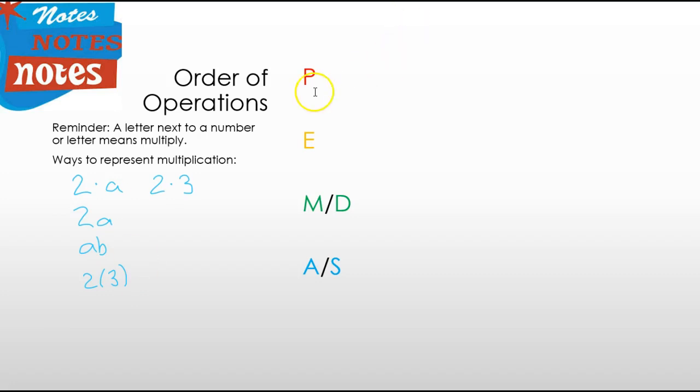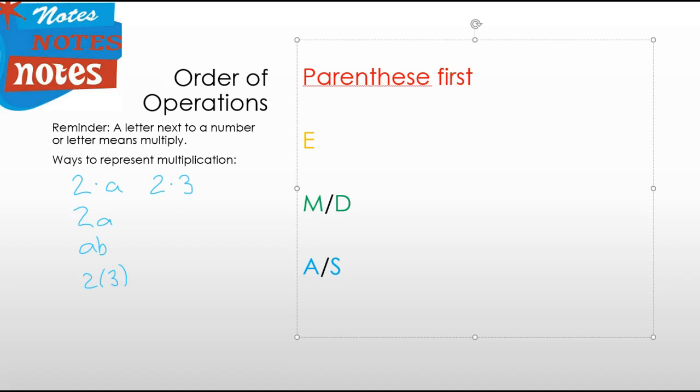So we have our order of operations here. We always do parentheses first. Whatever is inside those parentheses I do first, and I have to follow the order of operations inside the parentheses.